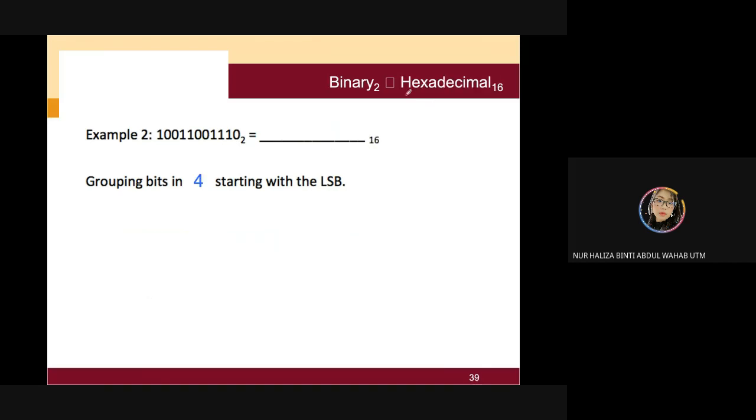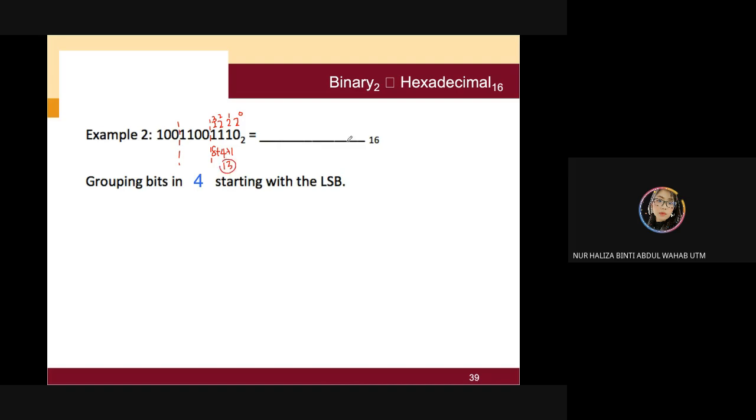If you want to convert to hexadecimal, as I mentioned, you need to group it into 4, because 2 to the power of 4 gives you 16. Why 2? Because you are using binary now. So you do the grouping. Now if I group, I will have to the power of 0, 1, 2, 3. 8 plus 4 plus 1, I will get 13.